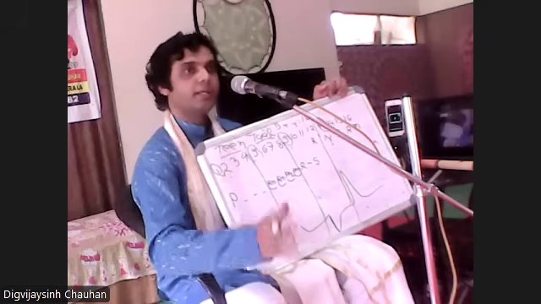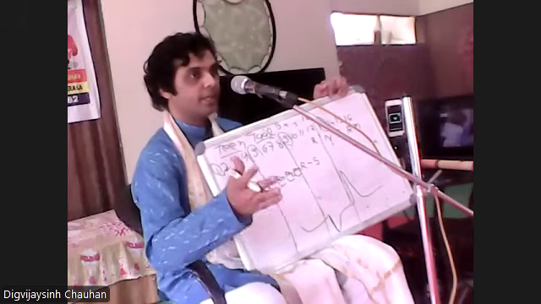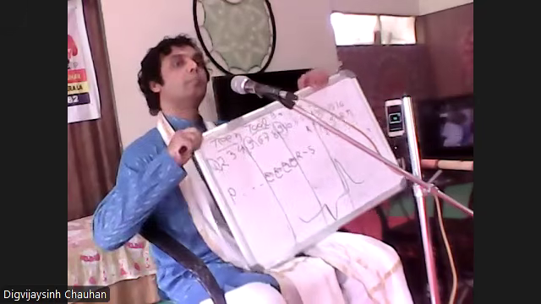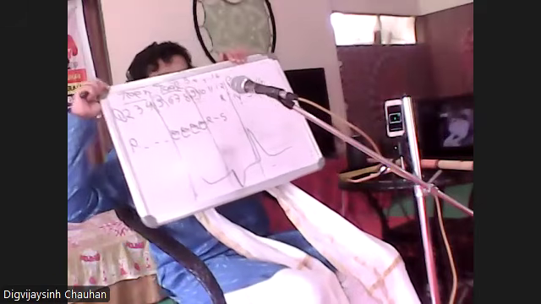Re, ma, pa, ni, pa, ma, re, sa, re, mi, sa, re, ma, pa. Let's play. Da, na, na, na, na, da, na, da. Re, mi, sa, re, ma, pa. Da, na, na, na, da, na, da, na, da.